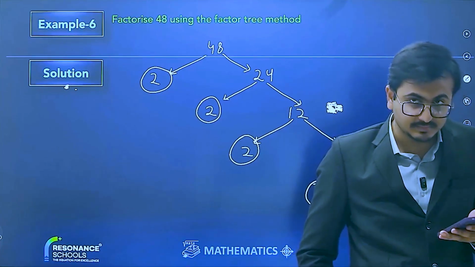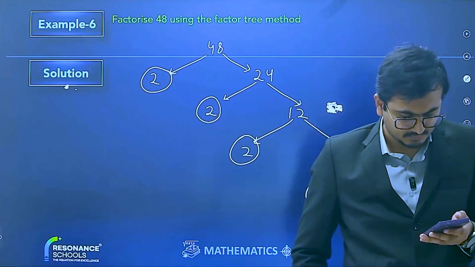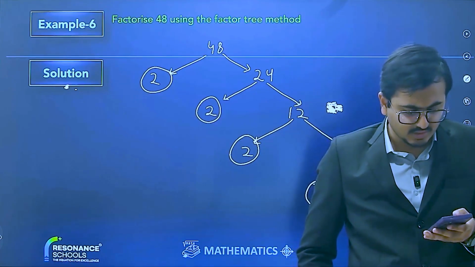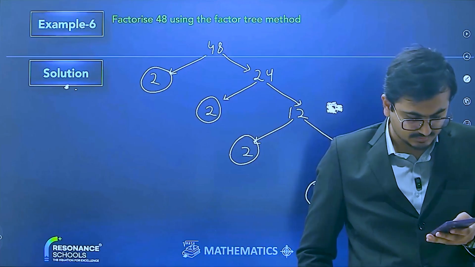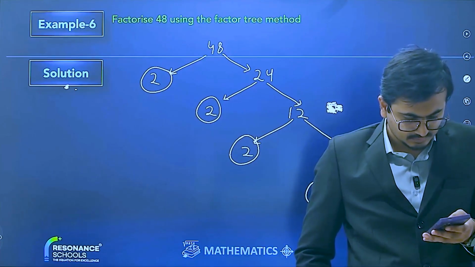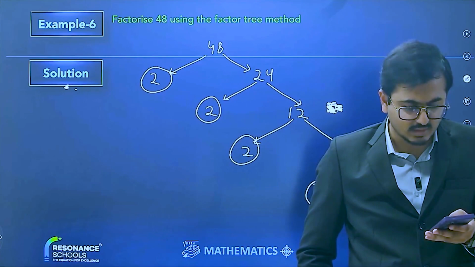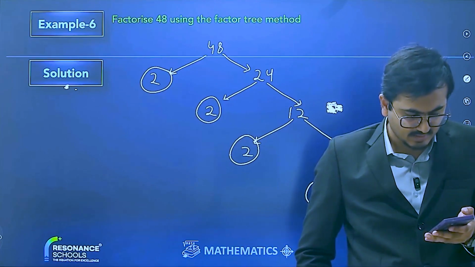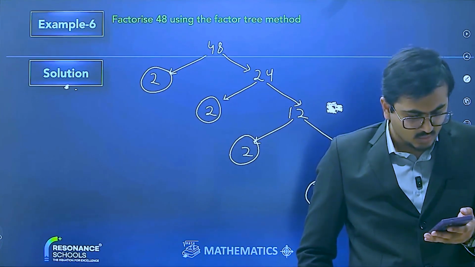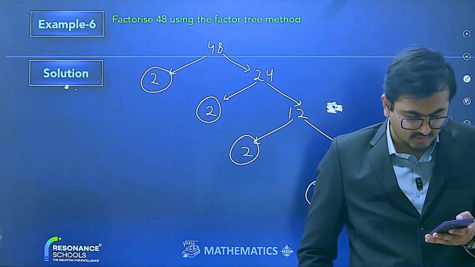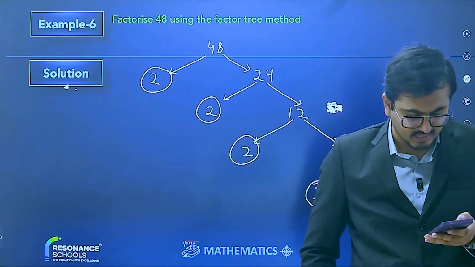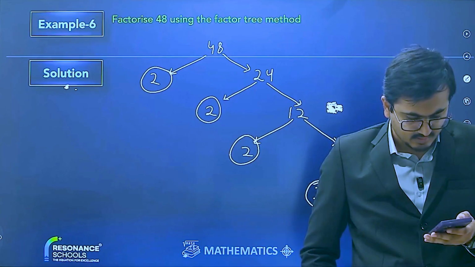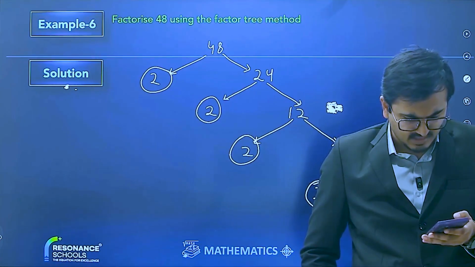Clear to everyone? 16 into 3 also you can do, no issues. Divisibility rules was just done, once revise it. Any doubt, please let me know. No, twin primes and co-primes are not the same. I have just said it in the previous class. Pranika, I didn't get you. What is the meaning?